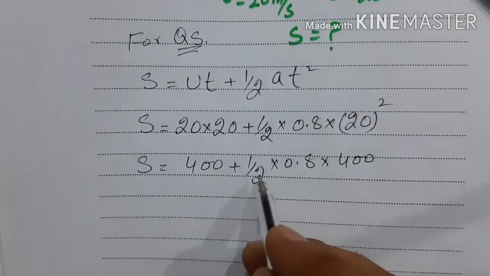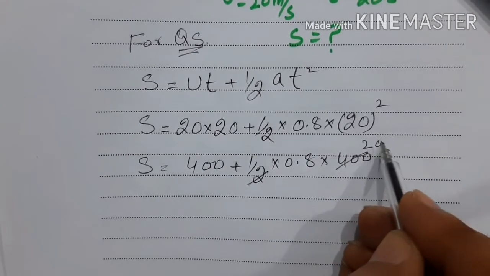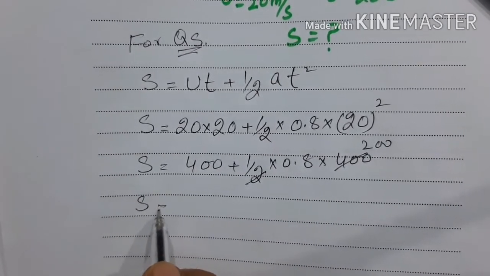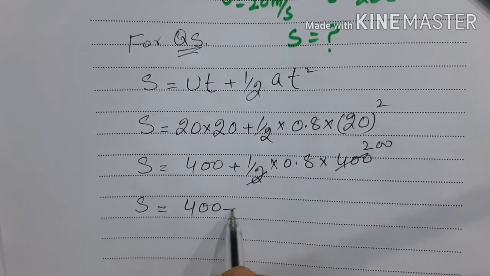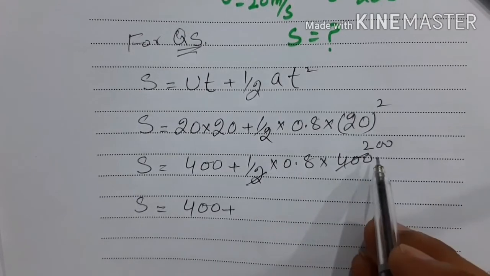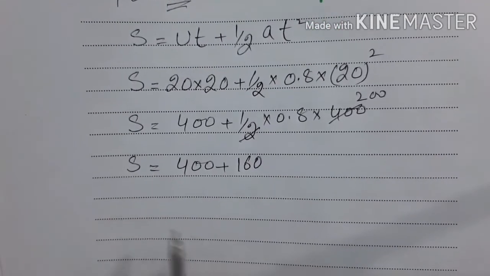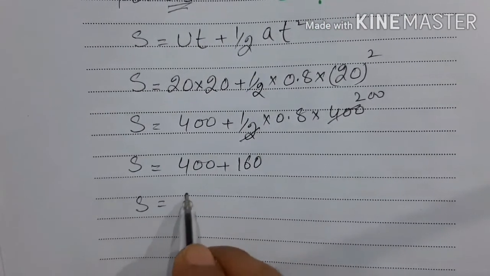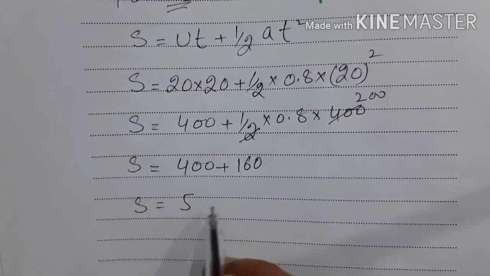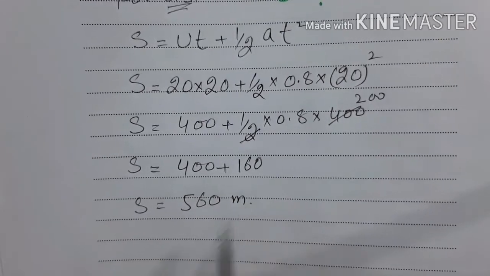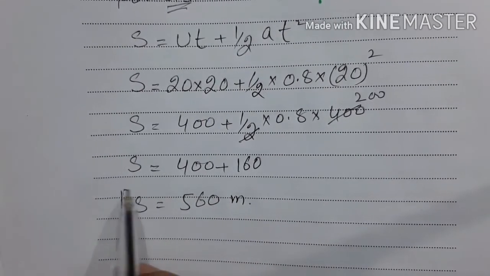This will cancel with 200. So S is equal to 400 plus 0.8 multiplied by 200, which is 160. So S is 560 meters. This is the first answer.